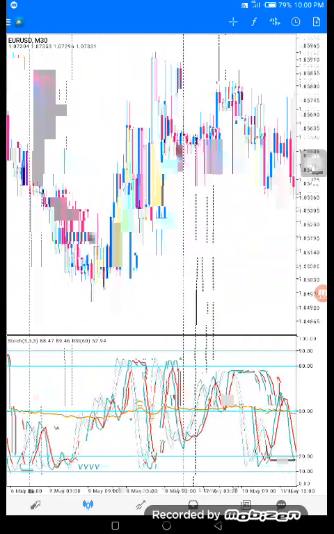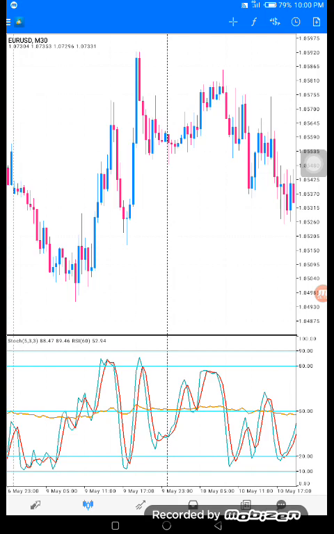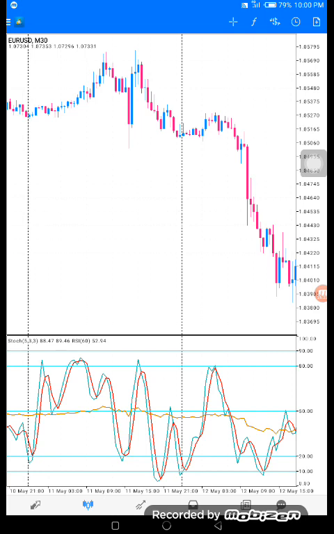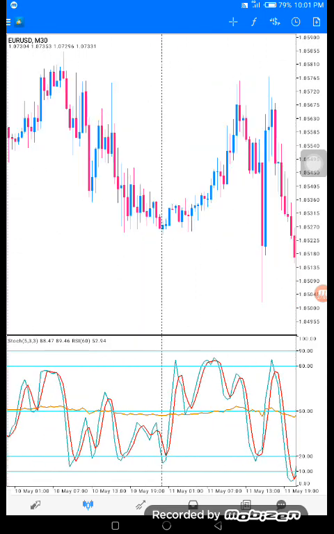And note, it's a free strategy. The strategy is not 100% accurate, but let us say it's between 98 and 99% accurate, because when you place a trade, the losses are very minimum and the profits are very maximum.